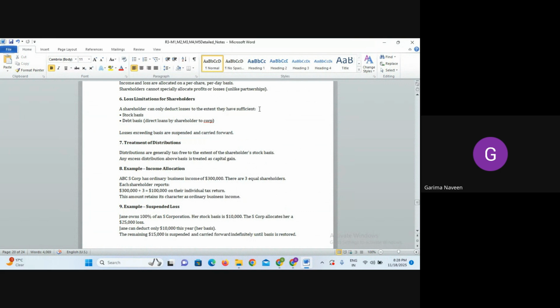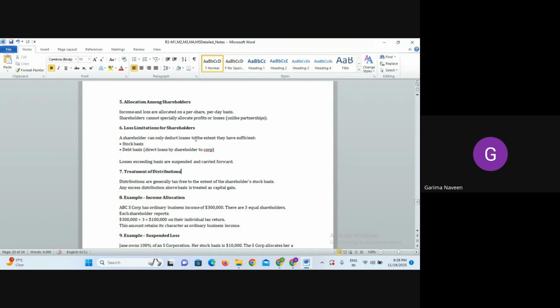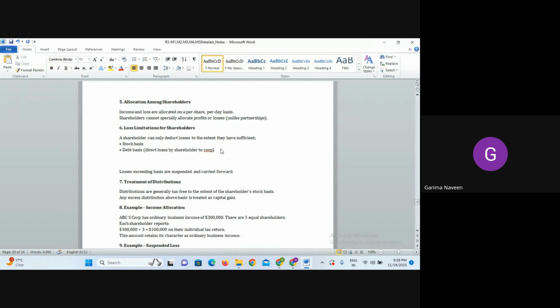First limitation is your stock basis. Next is your debt basis. This is your tax basis. Then you are subject to the at risk basis limitation, then the passive loss limitation, and then the business income limitation. So stock basis and debt basis are collectively called your tax basis.